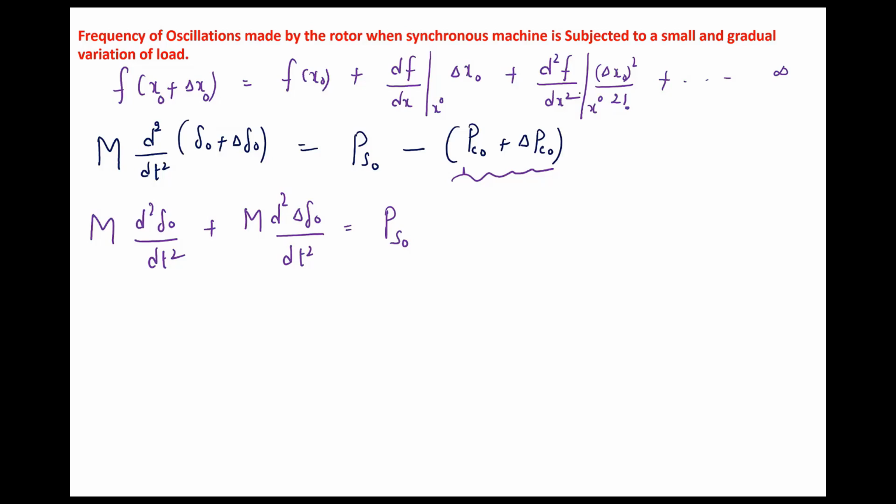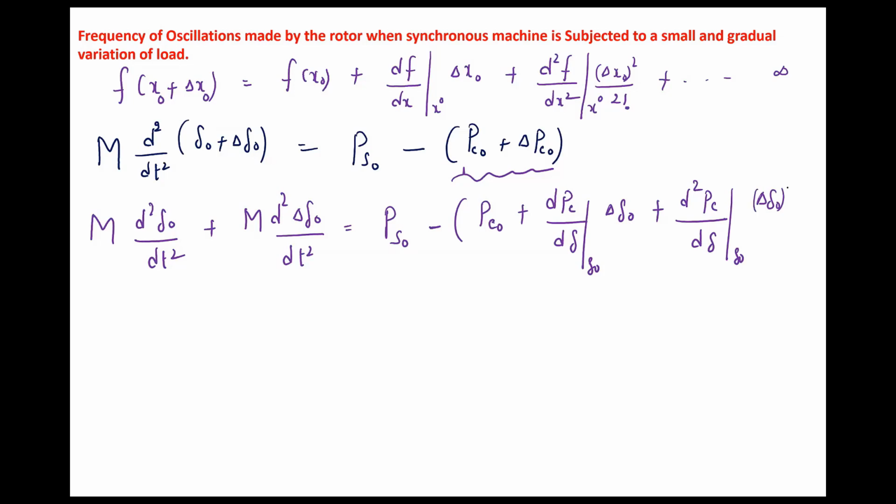So if you expand this term, you are going to get Pe₀ plus dPe/dδ at δ₀ into Δδ plus d²Pe/dδ² at δ₀ into (Δδ)² by 2 factorial, and so on and so forth.